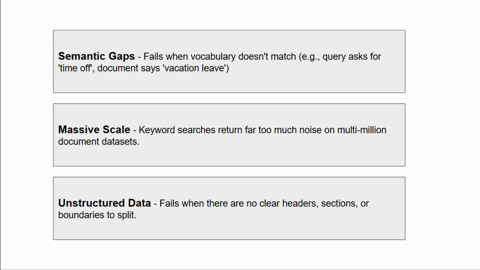Now, I'm not going to pretend that this is perfect for everything because it's not. Vectorless RAG struggles when the user asks a semantic question that doesn't contain the keywords from the document, like what's the policy on time off, when the document says vacation leave, or when the document is massive and keyword search returns too many irrelevant sections, or when the document is unstructured with no clear section boundaries.